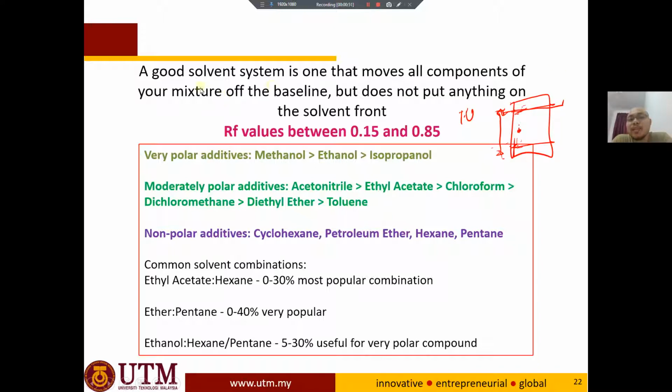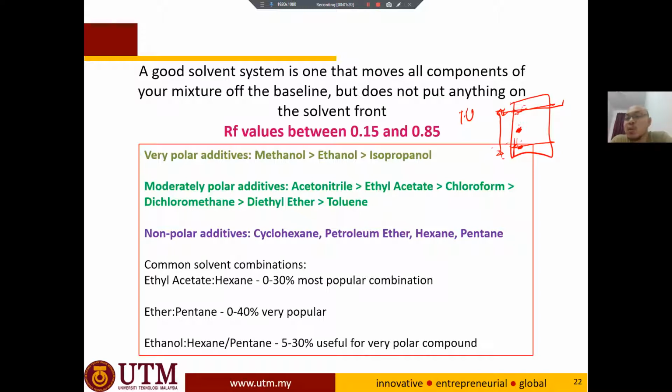So your mixture is on the baseline, here is the baseline, and you spot here. It moves a little bit further, but not that far until it reaches the solvent front, where the solvent ended. In TLC, you are never allowed to let the solvent reach the end of the plate. Never.